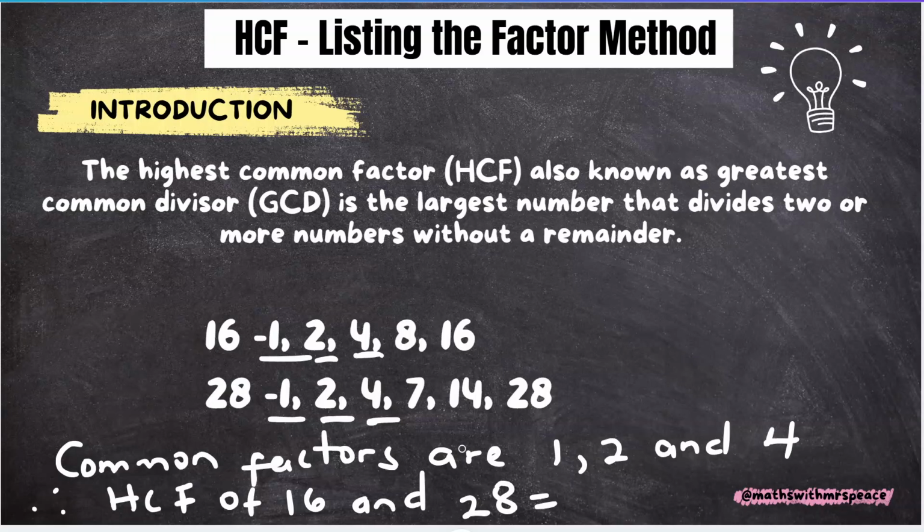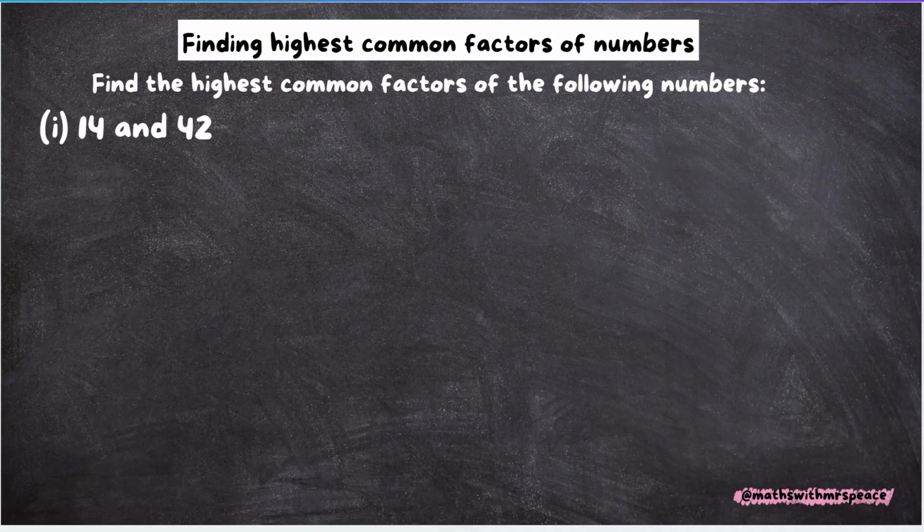So in this case, the common factors are 1, 2, and 4, and the highest common factor HCF will be 4. So using this method, which we are calling listing the factor method, that's how to find HCF of two or more numbers. We'll go ahead and look at some more examples of HCF.